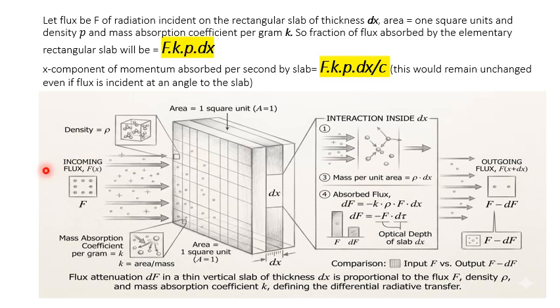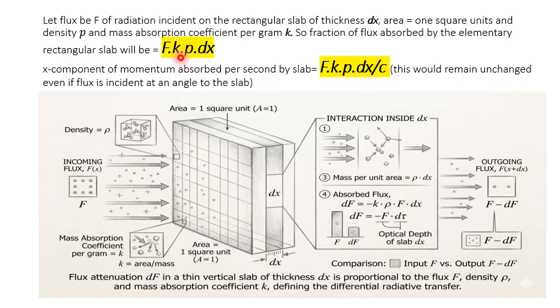So the fraction of this incoming flux that gets absorbed by this slab is equal to F kappa rho dx, where rho dx is actually the mass of the slab, because 1 times dx is the volume, and density times volume is the mass.